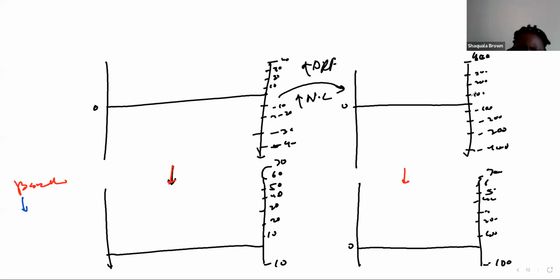Yes. So what's going to happen? Let's say you increase it 10 times. It goes 100, 200, 300, 400 on the positive side, minus 100, minus 200, minus 300, minus 400 on the negative side. Did that make sense? Yes, that does. Okay.